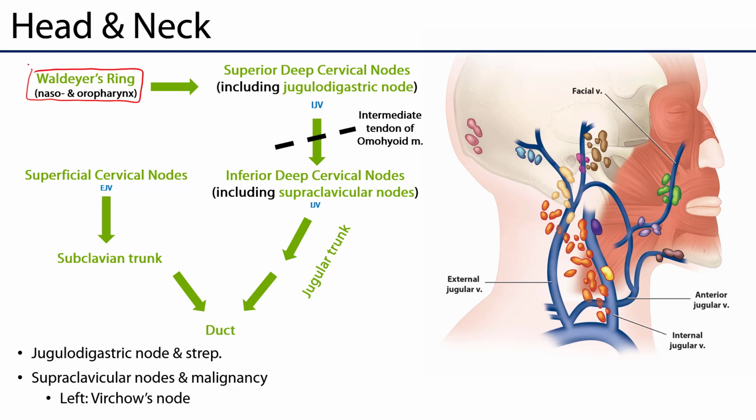Waldeyer's ring consists of organized mucosal associated lymphoid tissues or lymphatic nodules that are embedded in regions of the naso and oropharynx. So for instance, there's the nasopharyngeal nodule, aka the adenoid. There are the tubal tonsils.